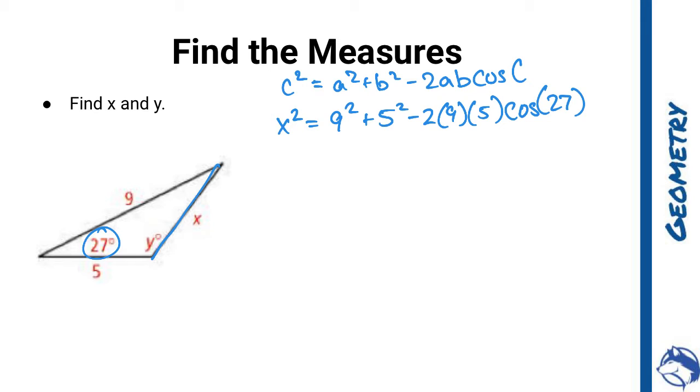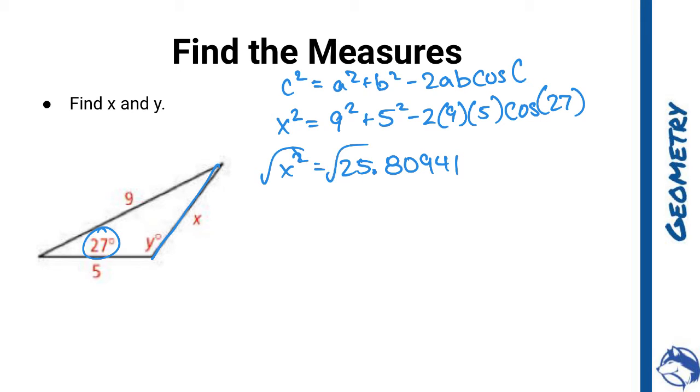So like I did before, I just like to put this all into my calculator. So 9 squared plus 5 squared minus 2 parentheses 9 parentheses 5 parentheses cosine of 27. And then you go ahead and hit enter, and it gives me 25.80941.